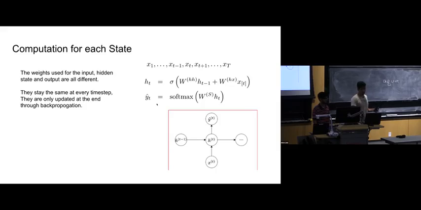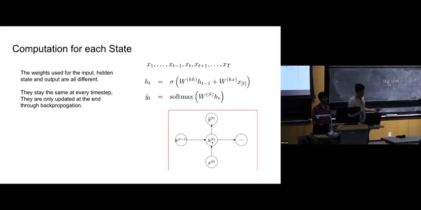And then the output at every time step would be some sort of activation function, in this case softmax, but that can be different. And what's in that is a third weight matrix multiplied by the output of the hidden layer at that time step.